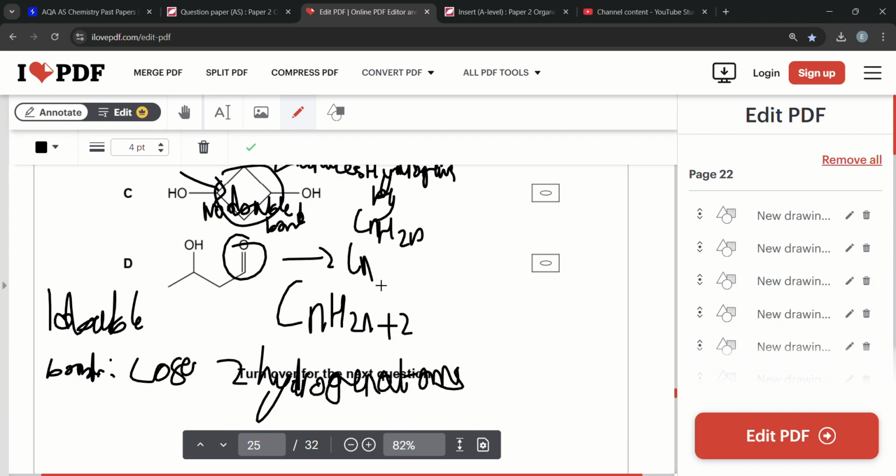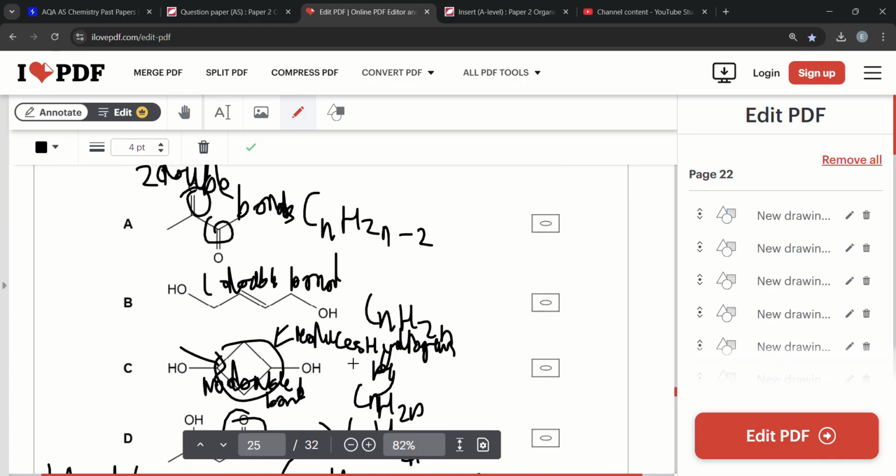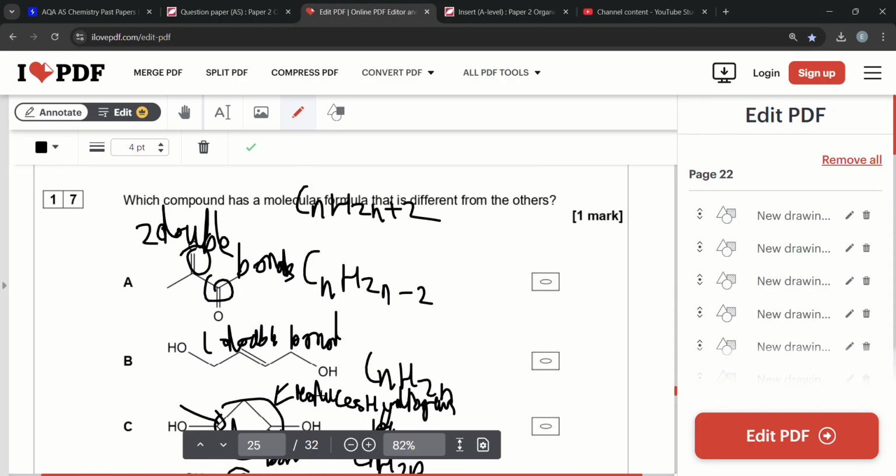So D is CnH2n, C is CnH2n, that's a cyclic alkene, which reduces the hydrogens by 2. B is CnH2n, because it's got 1 double bond. A is CnH2n-2, because it's got 2 double bonds, therefore A has a molecular formula that is different from the others.